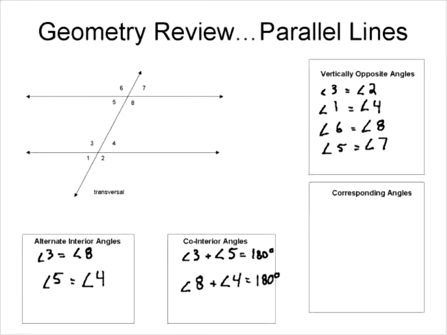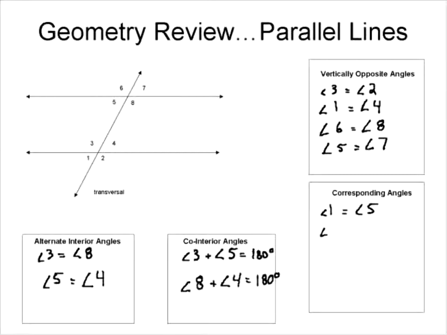The last property we're going to look at and review is corresponding angles. What they mean is angles that correspond to the same position on the transversal. So an example of corresponding angles is angle 1, which is the bottom left-hand corner here, corresponds with the bottom left-hand corner up here. So angle 1 is equal to angle 5 because they are corresponding.